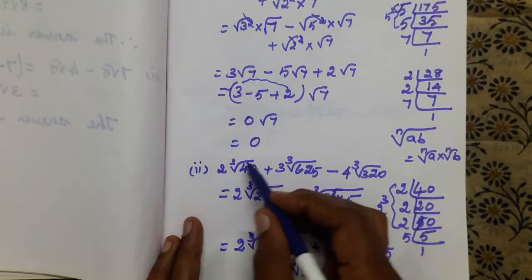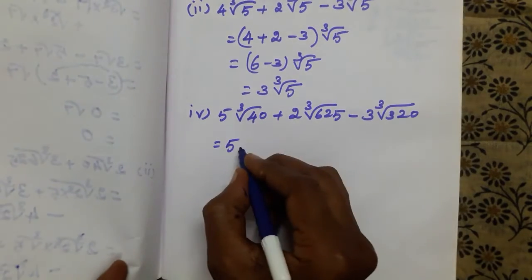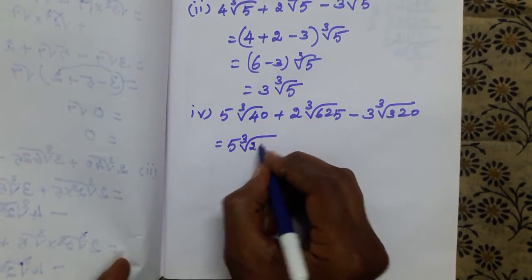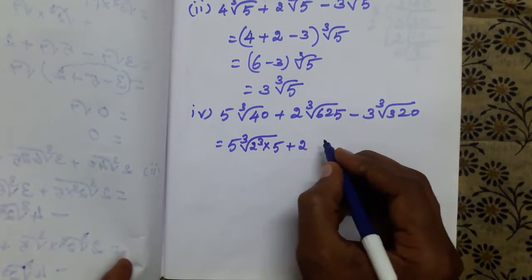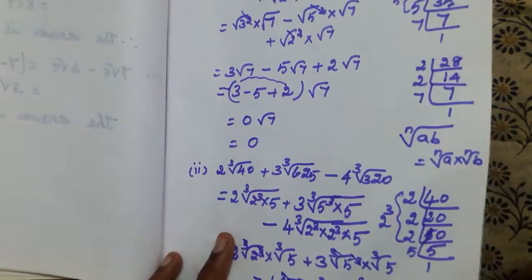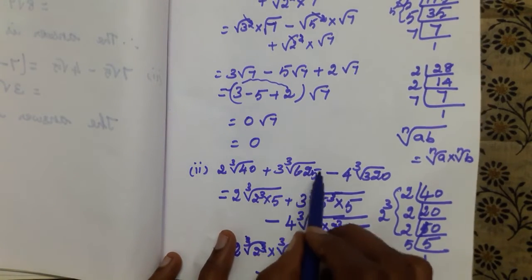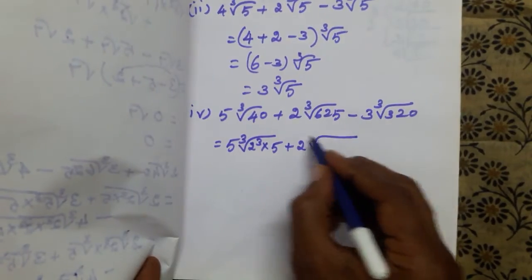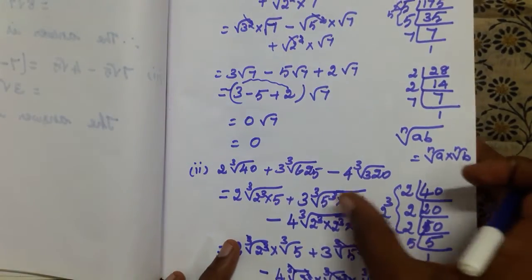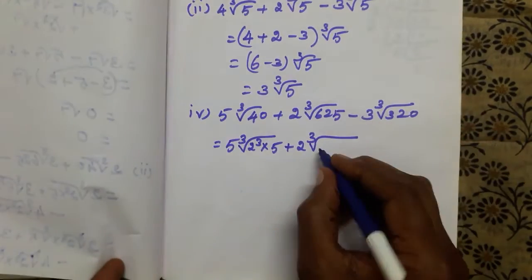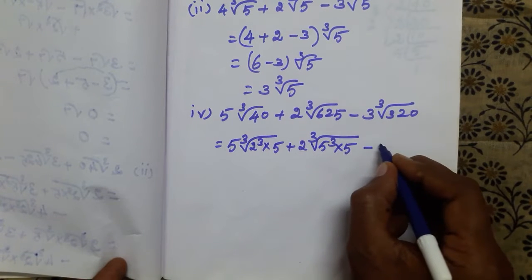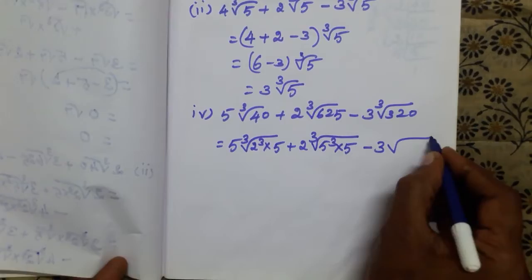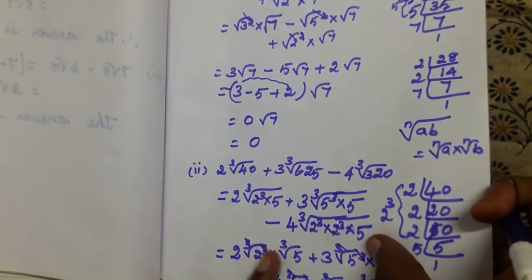Cube root of 40, how can we write? Cube root of 2 cube into 5. Next plus 2 into cube root of 625. Already we have factorized 625. How can we write? Cube root of 5 cube into 5. Minus 3 cube root of 320.